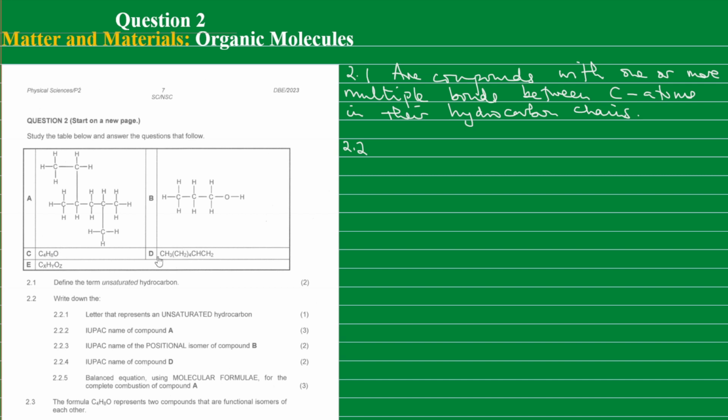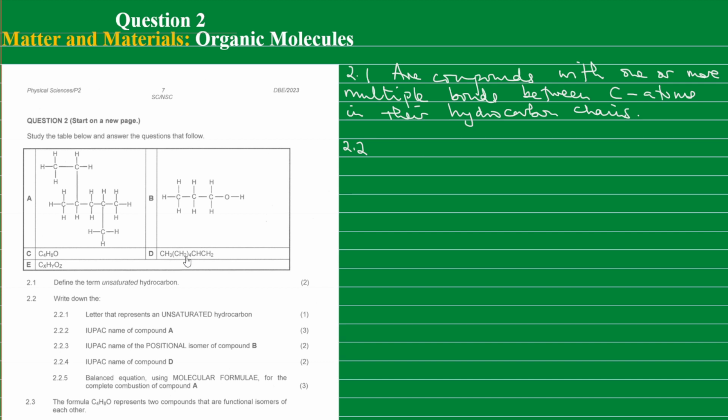Okay, and D, when we look at D, it looks like it is unsaturated, but for you to see this clearly, let me just draw out what this means. This is written in the form of what is called the condensed structural formula.